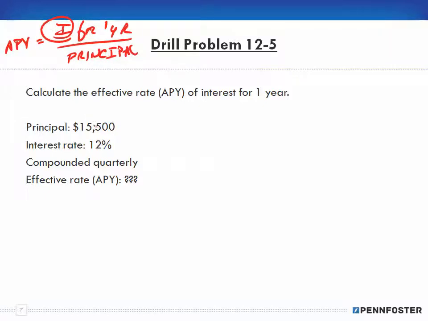We're starting out here with a principal of 15,000. Our interest rate is 12%, compounded quarterly, which means 4 quarters in a year. And we want to know what the APY is. This here is based upon 1 year.